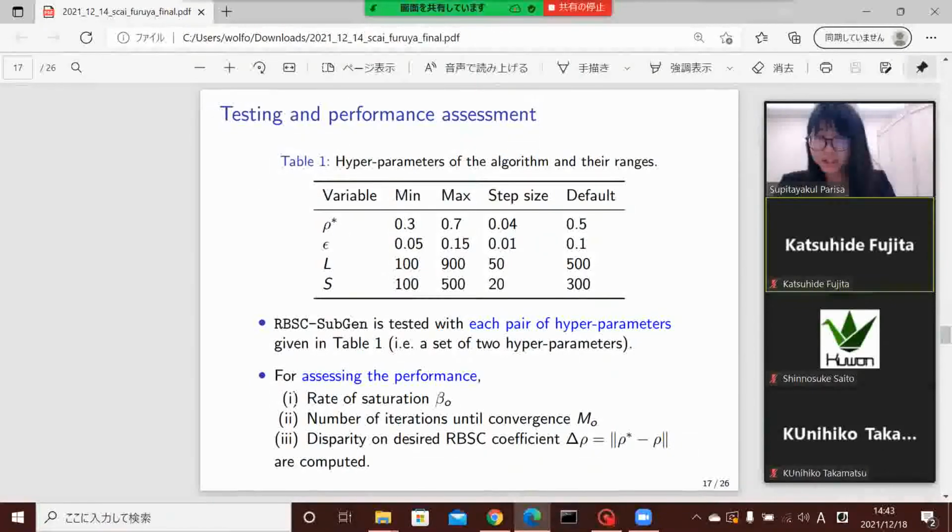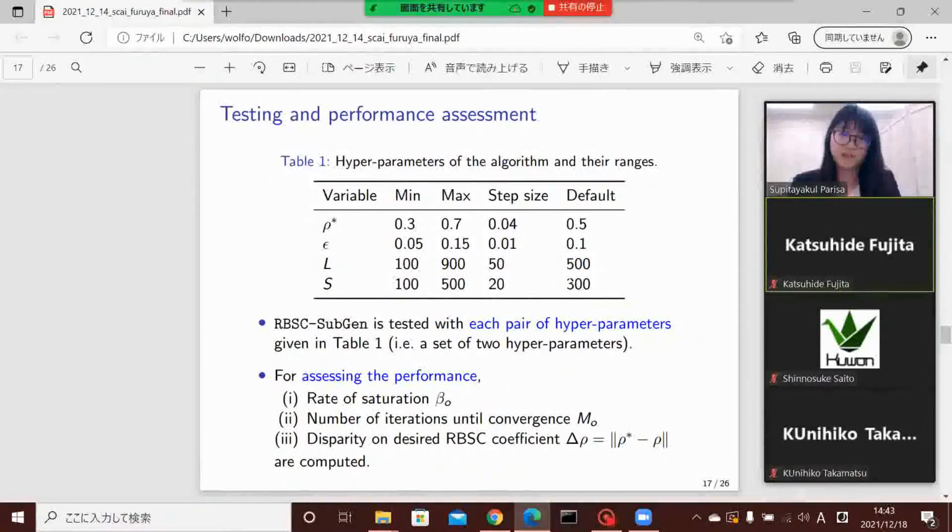So here is the set of hyperparameters that we use for the tests. RBSC subset is tested with each pair of hyperparameters given in this table. For example, when we test the value of rho star with epsilon, we set L and S to their default values.